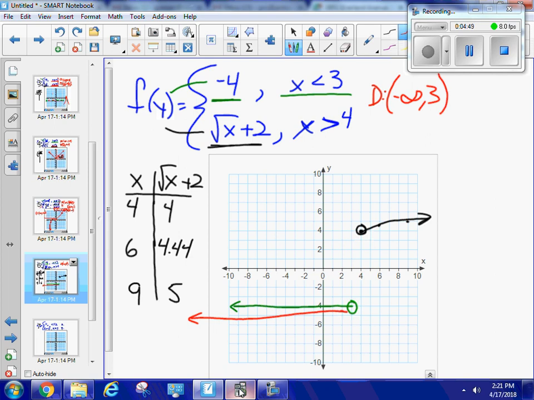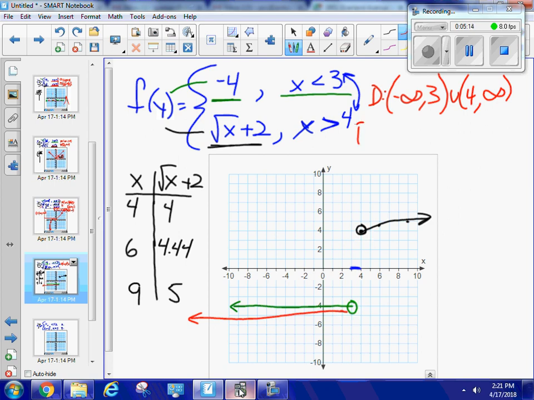And the reason I stopped it right there is because I also have a gap between 3 and 4 for my x values. I don't have any x values between 3 and 4. So that means I'm going to union 4, and the top function, the black one, goes all the way to infinity. So that is my domain of this function.